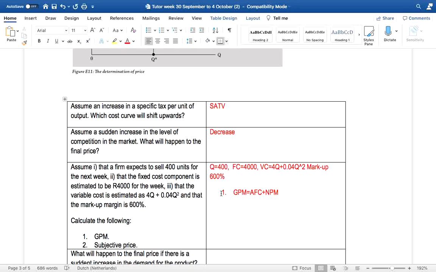Okay, and then in this case our average fixed cost is going to be 4,000 divided by 400, and then NPM is 600% of our average fixed cost, which is going to be 60. So therefore GPM is equal to 70.